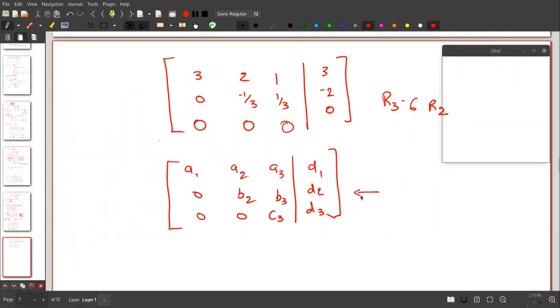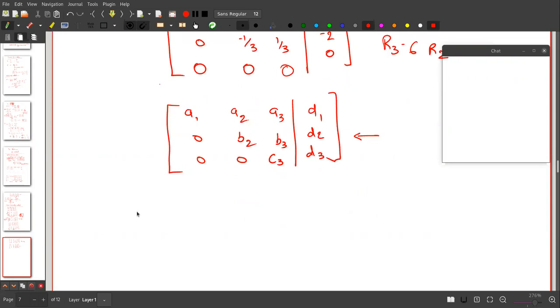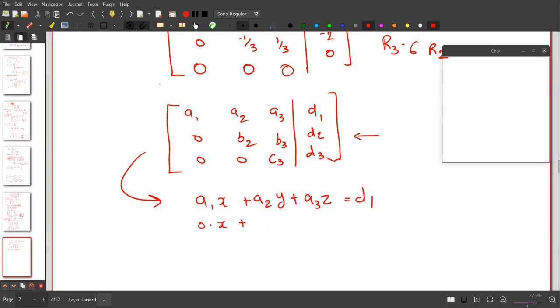If I can make somehow with the Gauss elimination method, this is easy. So I can rewrite this matrix as A1x plus A2y plus A3z equals D1, 0 into x plus B2y plus B3z equals D2, 0 into x plus 0 into y plus C3z equals D3.